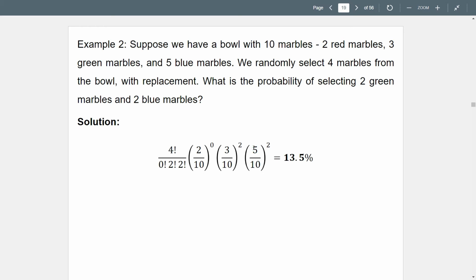And 5 out of 10 is the probability of getting blue marbles, with 2 successes. Simplifying this gives you a 13.5% chance of getting 2 green marbles and 2 blue marbles.